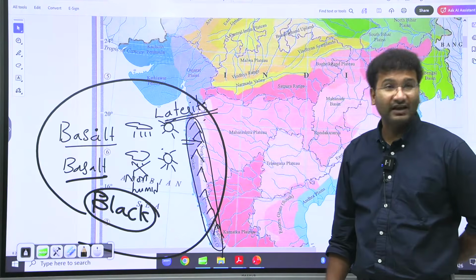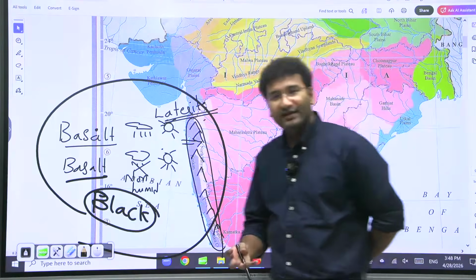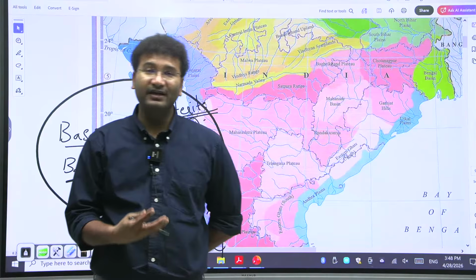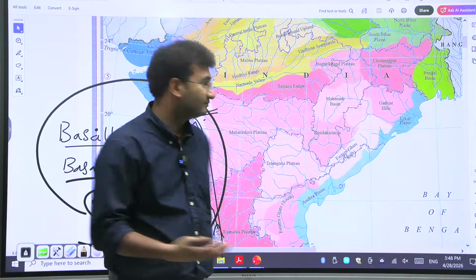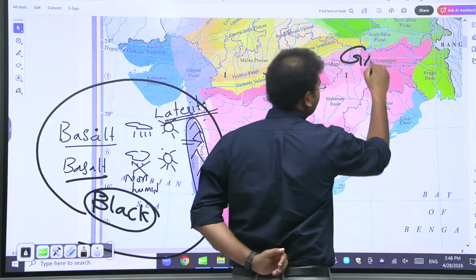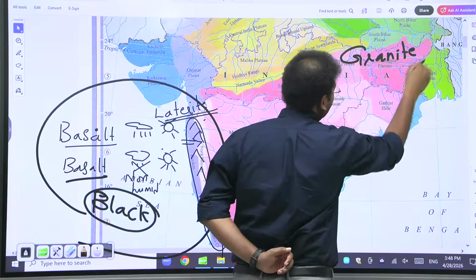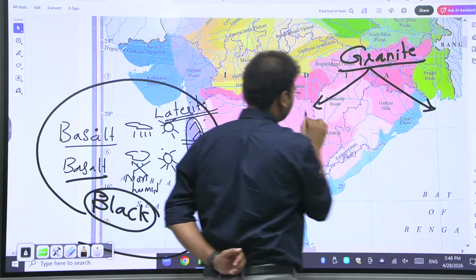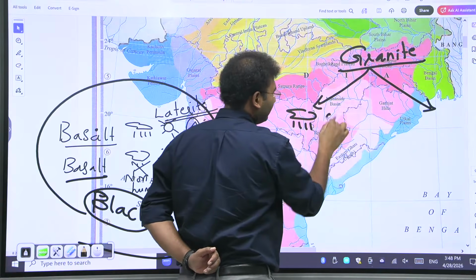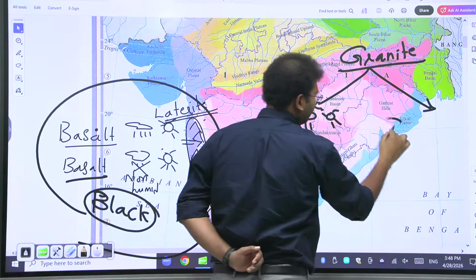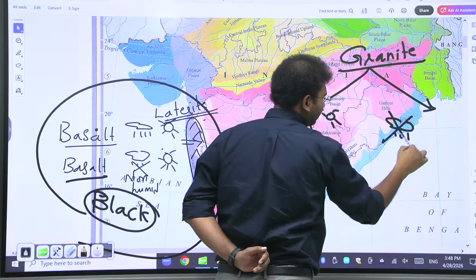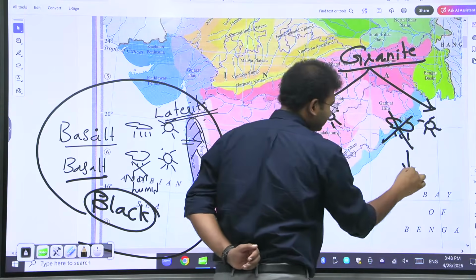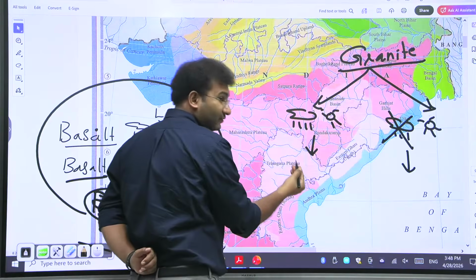In the same way, if the parent material is granite, gneiss or any metamorphism of this, you have rainfall and you have sunlight. So this rainfall is not there, a good amount of sunlight is there. What soil will be formed? This is red soil.